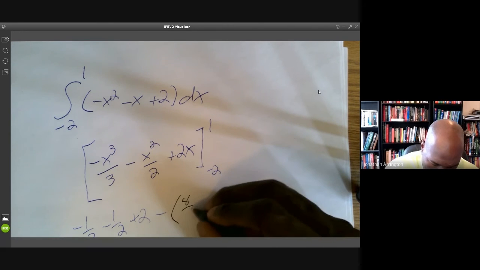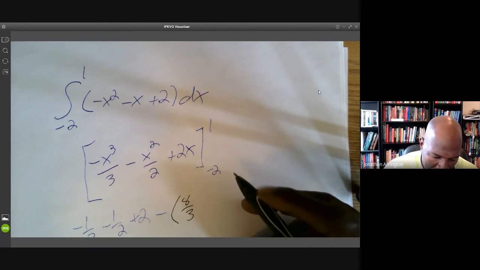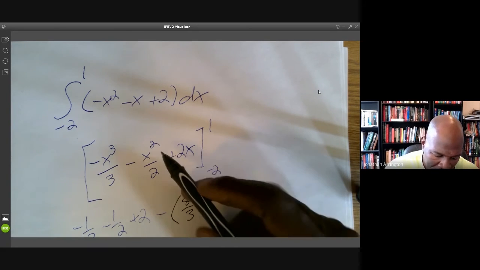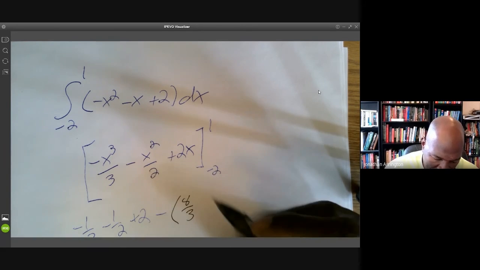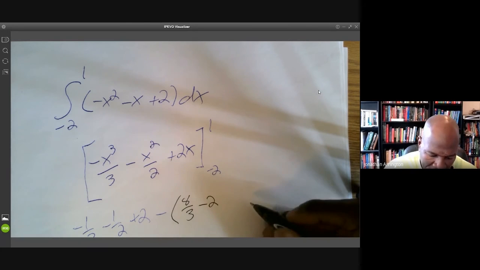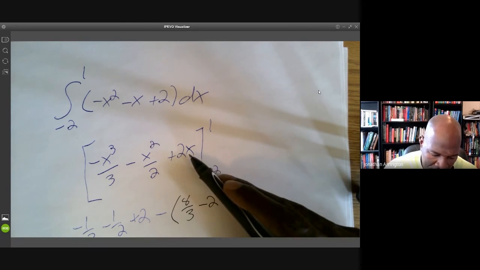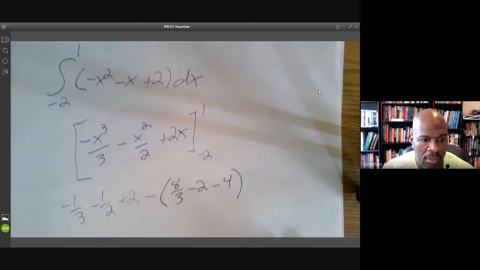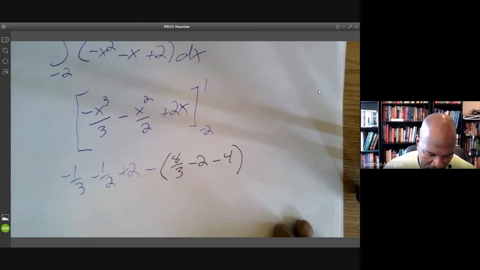-2 cubed is -8, but that makes it +8 over 3. And then -2 squared is +4. And 4 over 2 is 2, but that minus sign makes it -2. And then -2 times 2 is -4. All right, so let's see what we have here.